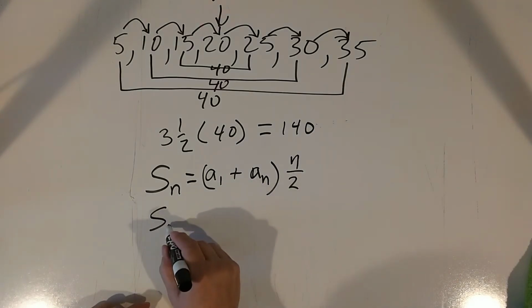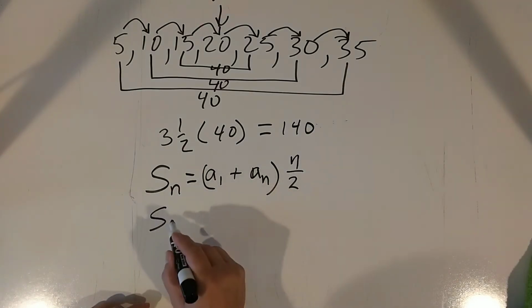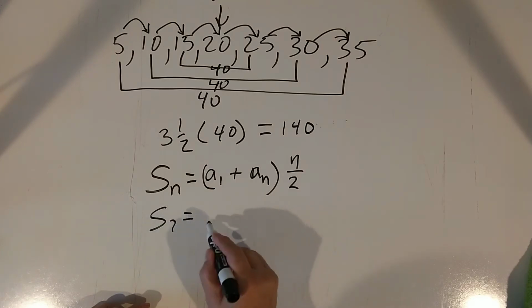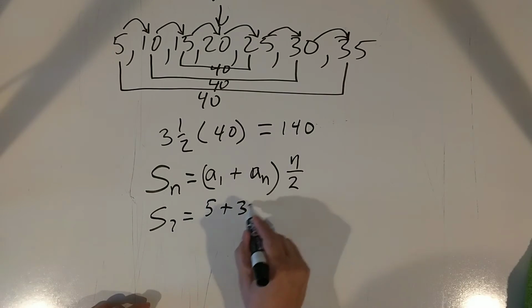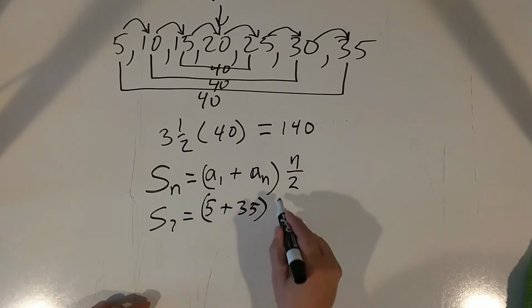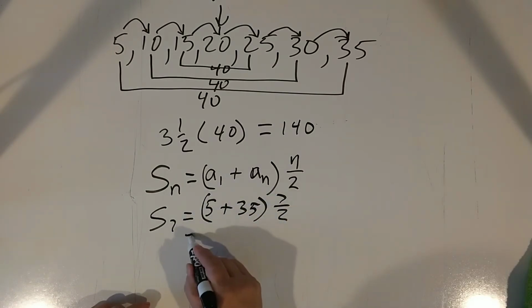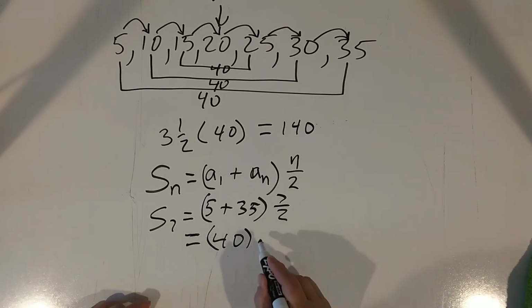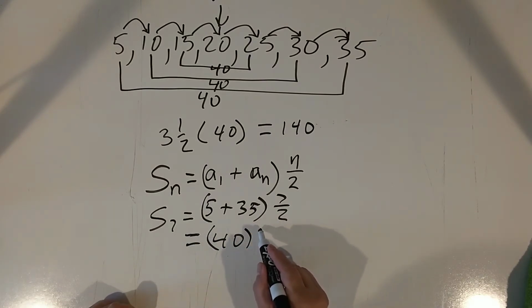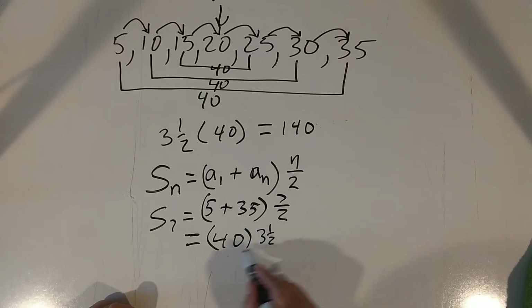S sub 7 equals the first term, 5, plus the last term, 35, times 7 over 2, which is 40 times 3 1/2, which is 140.